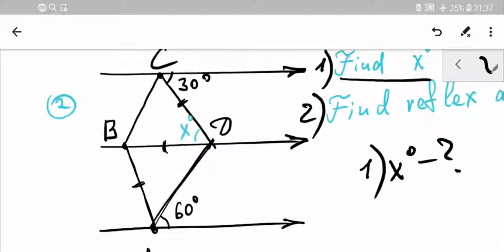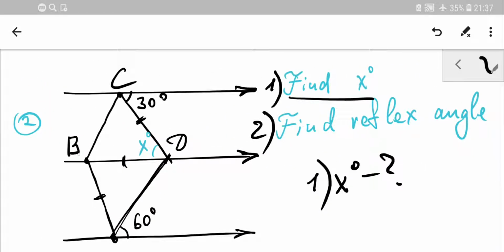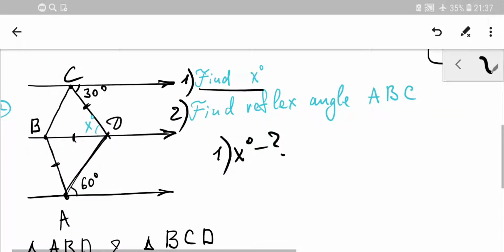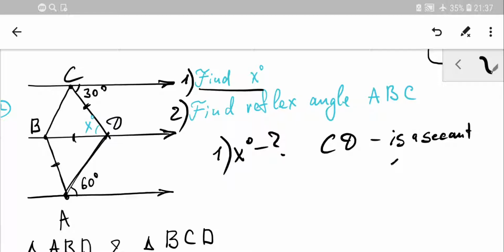Okay, so the first question, find x. I would better consider triangle BCD. Okay, so in BCD, what we have? Oh, that's easy. We don't need to consider even a triangle. We have the second line, so CD is the second line for 2 parallel lines, line 1, line 2, line 3.